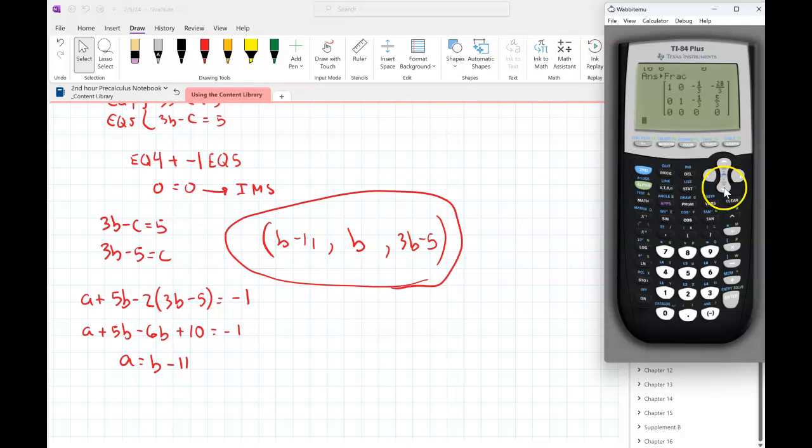Okay? Graph. No, that's not what we're doing. You don't need to do that. Were you not just listening to what he was saying?